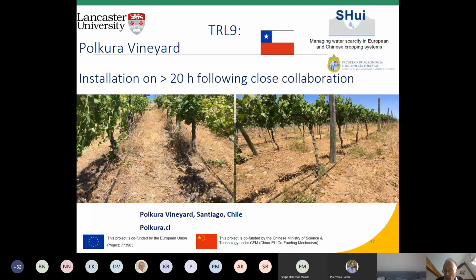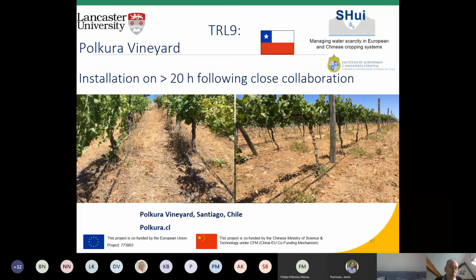I say this as a considerable caveat given the earlier meta-analyses I presented, where it seemed that relatively few academic trials of partial root zone drying in field environments resulted in substantial, more than 20% yield increments.